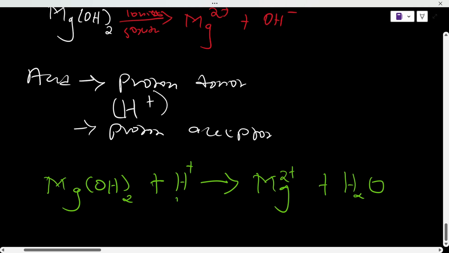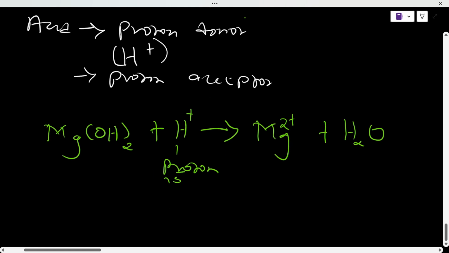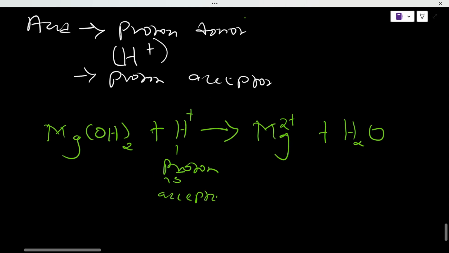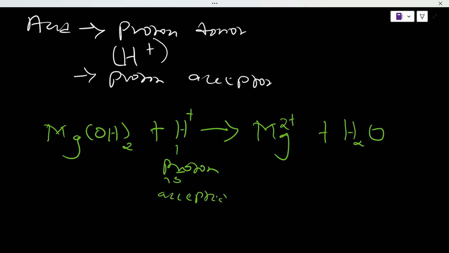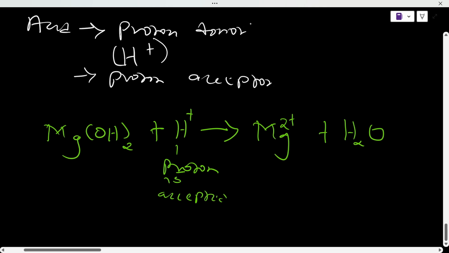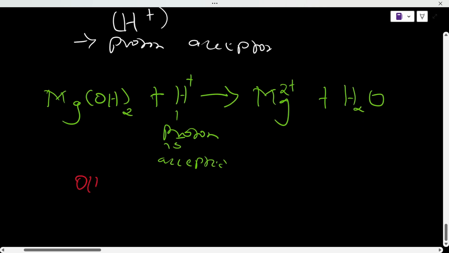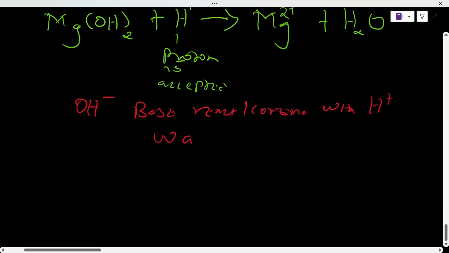When the proton is accepted, meaning the OH in the base reacts or combines with the proton to give us a water molecule.